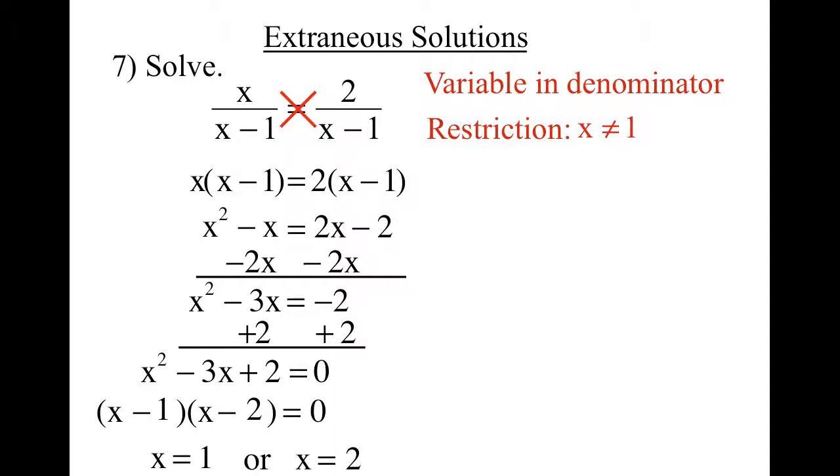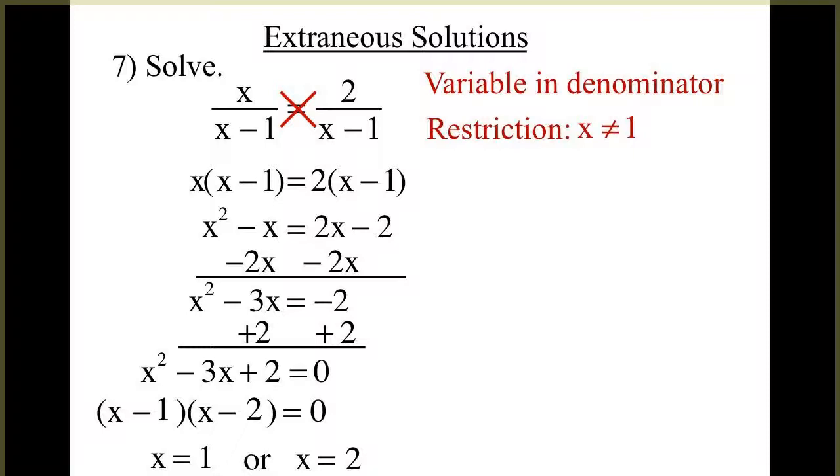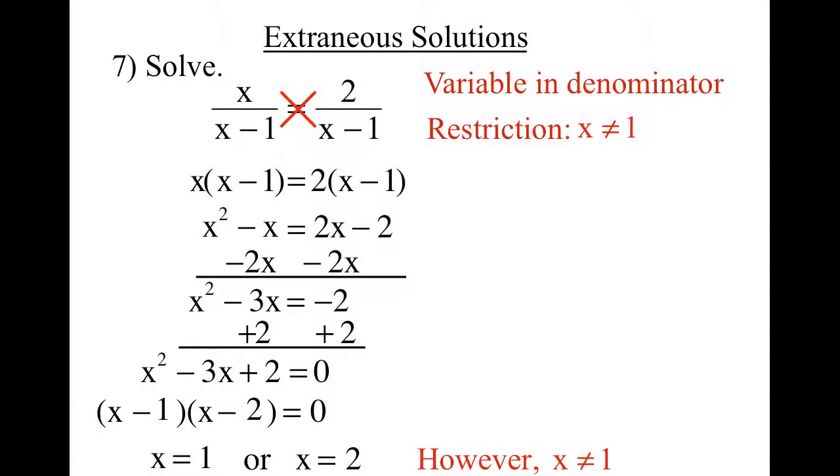Now, one of those, although it works, once I plug that back into the denominator up here, 1 minus 1 gives me a 0, and I can't have a 0 in the denominator. So x equals 1 is not a solution, and that's what we call an extraneous solution. So the solution is x equals 2.